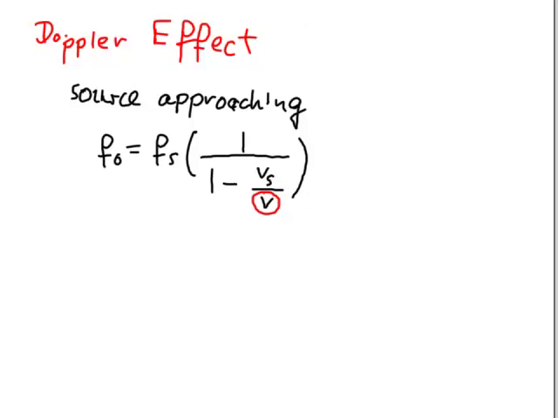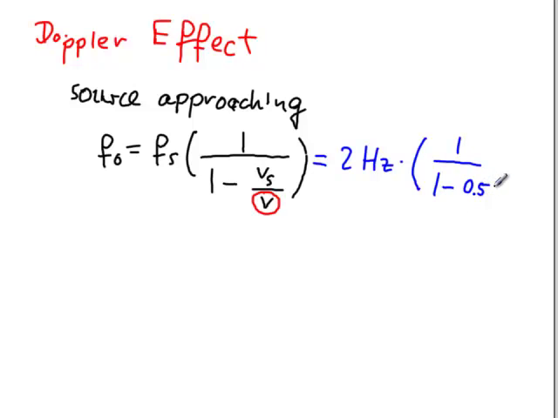So when I plug in numbers, we have 2 hertz, times, as it's approaching, 1 divided by 1 minus, and for Vs over V they already gave it to us as a ratio, 0.52.